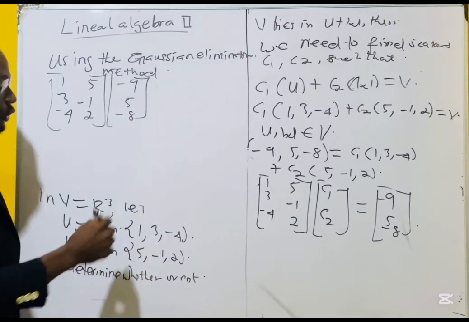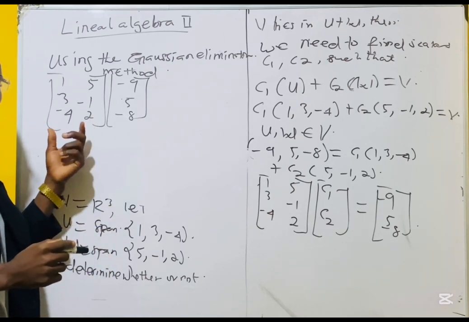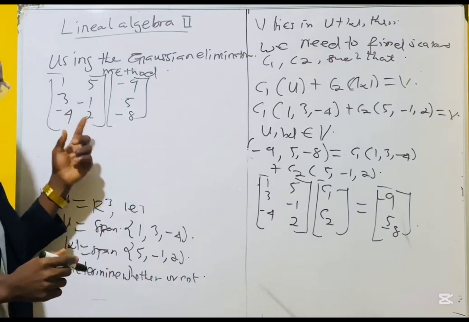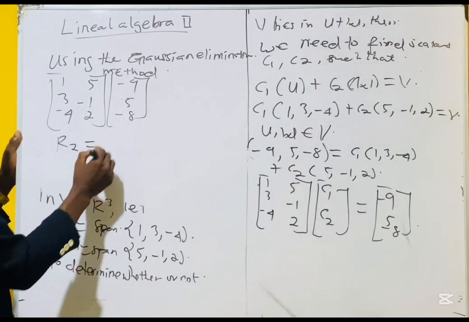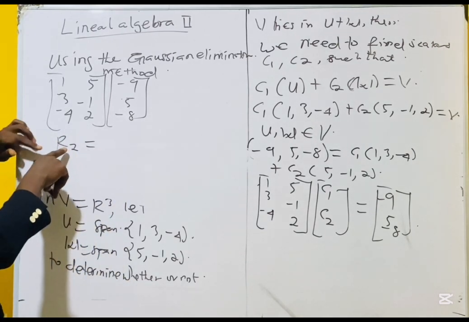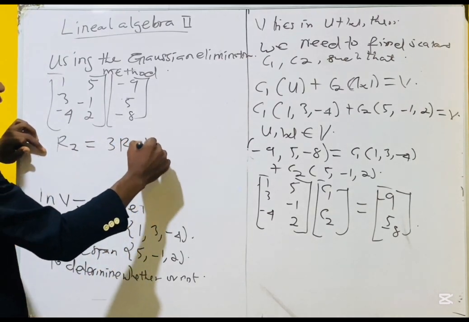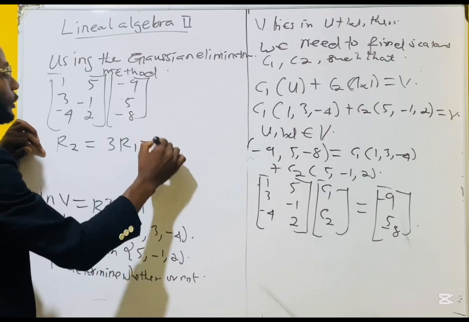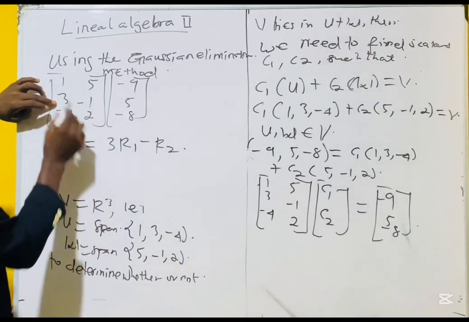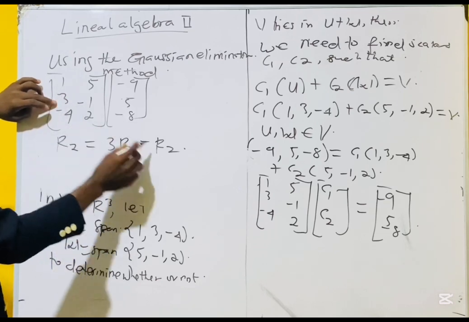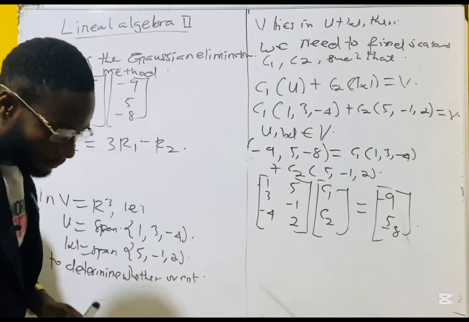So let's try to eliminate some of the elements so that we can find C1 and C2. Let's say R2 should be equal to 3 times R1 minus R2. So 3 times 1 gives 3, then this minus this gives us 0.